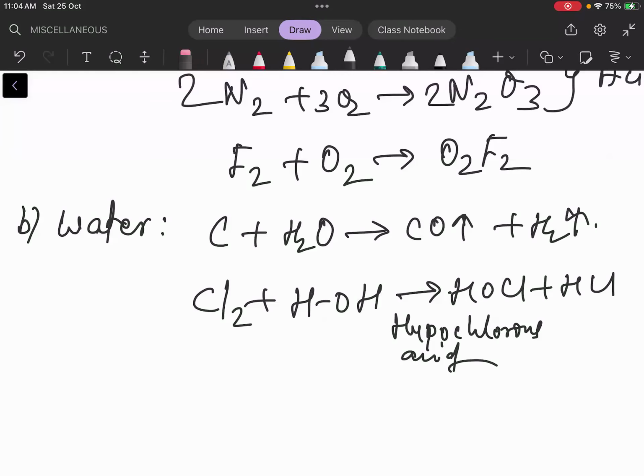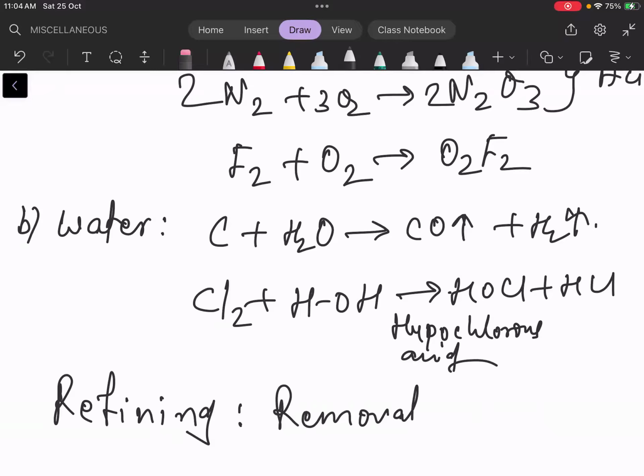The next part is refining of metals. What is refining of metal? Refining means purification, the removal of impurities.